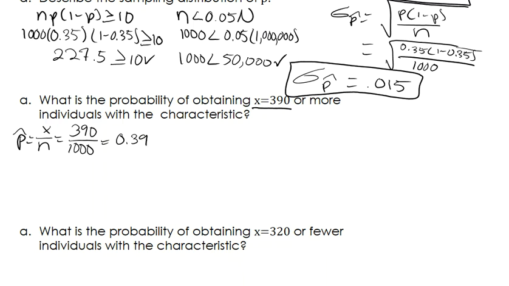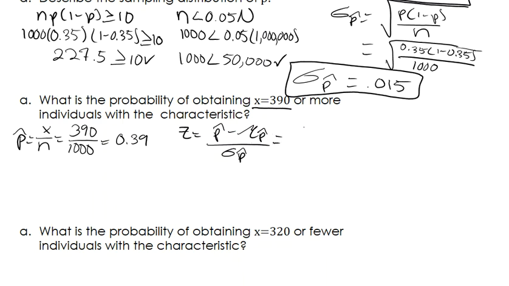Next, we are going to convert this into a z-score. We will be using the formula z equals p-hat minus population mean of p divided by standard deviation of p.